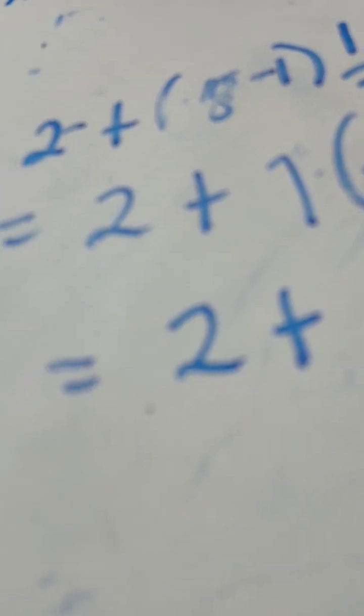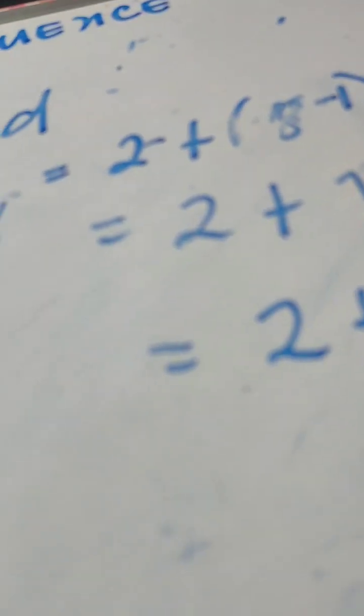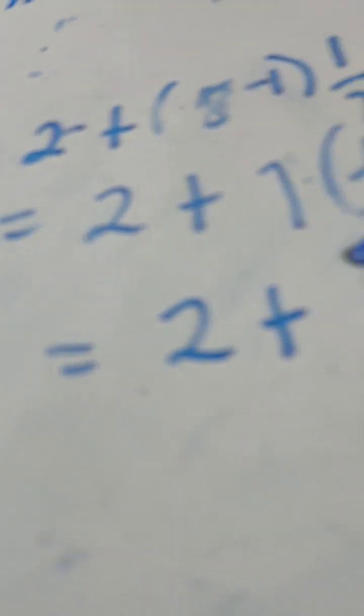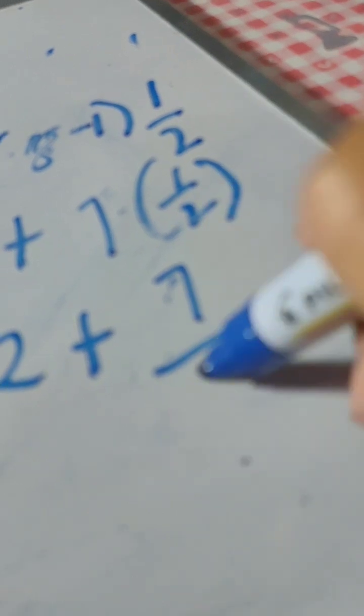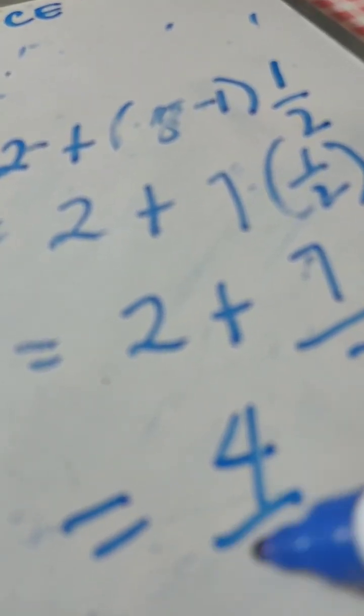So, we have 7 halves, no? 7 over 2. So, writing 2 as 4 over 2 plus 7 over 2. 7 plus 4 is 11 over 2. So, this is now our answer for a sub 8, 11 over 2.